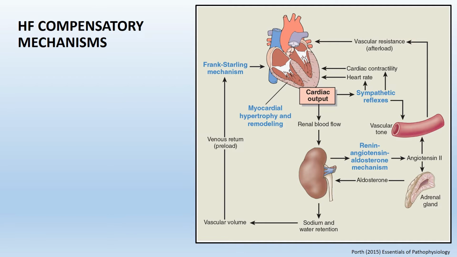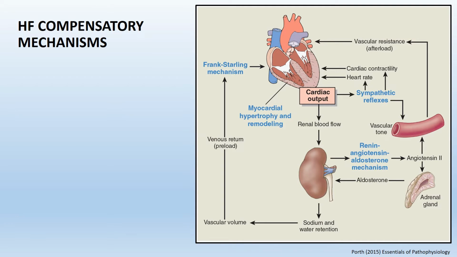Now, the renin-angiotensin-aldosterone mechanism we've already talked about with hypertension, and it is activated in heart failure. As a reminder, here are the steps. When there is decreased cardiac output, that results in decreased renal blood flow and glomerular filtration rate. That results in increased renin secretion, which causes angiotensin 1 to be secreted, which leads to angiotensin 2, which increases vascular tone, some vasoconstriction.